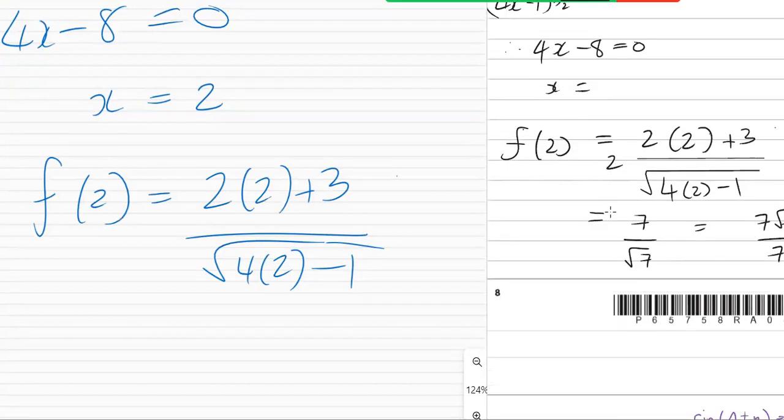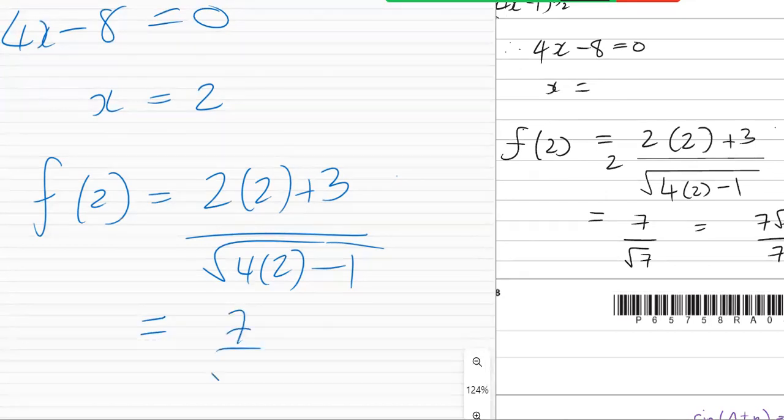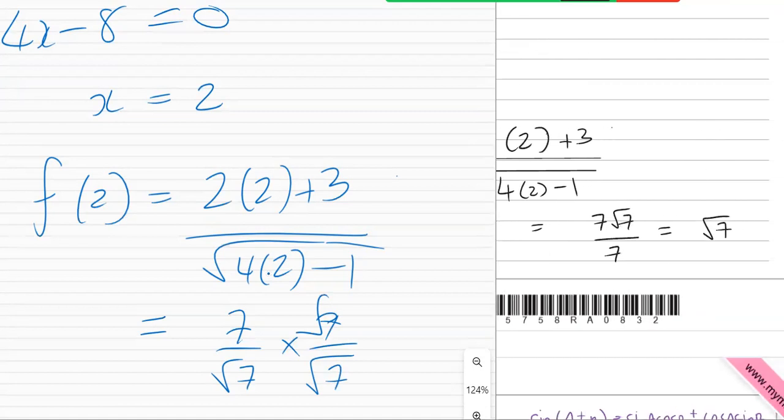So I put this in the calculator. I get 7 over root 7. Of course, this needs to be rationalized. Times it by root 7 over root 7, and you rationalize the denominator. So it'll be 7 root 7 over 7. 7 root 7 over root 7 times root 7 is just 7.